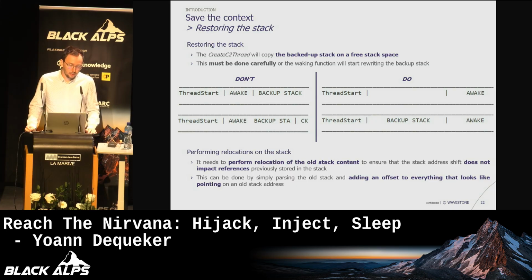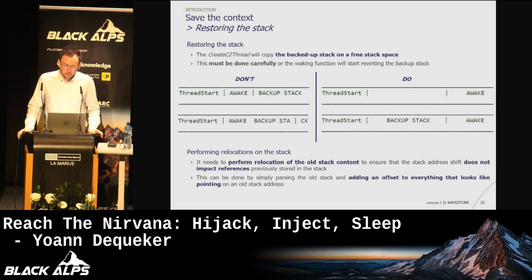So, for example, at the left, you will see that your thread is starting. You have your awake function that is used to restore the context and rerun your beacon. And you have just copied your backup stack right after the awake function stack. The problem is that when the awake stack grows, it will start erasing your backup stack. And you won't be able to recover this data and your beacon will crash.